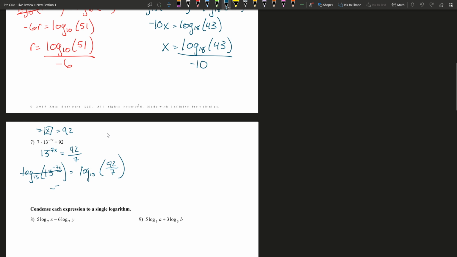So we're left with negative 7x. And then divide both sides by 7. So x will equal log base 13 of 92 divided by 7, all over negative 7.